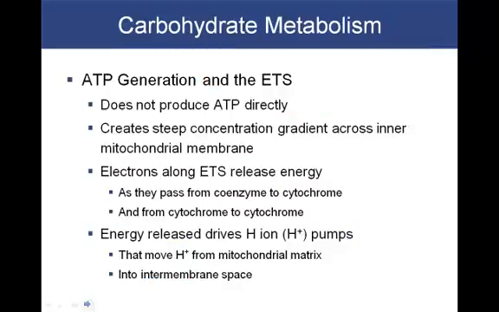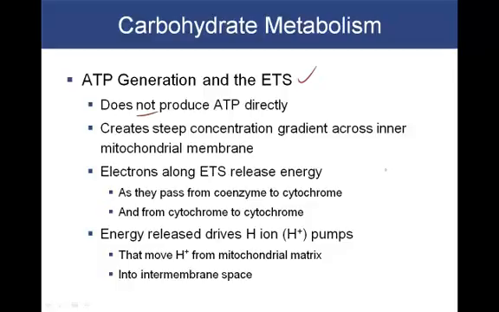So, the electron transport system does not produce ATP directly. What the electron transport produces is water. A byproduct of the electron transport system is a concentration gradient across the inner mitochondrial membrane.